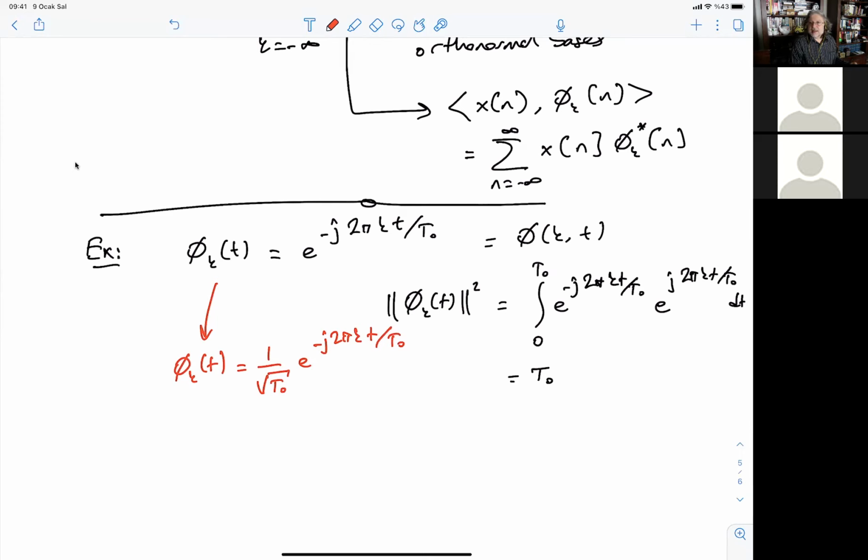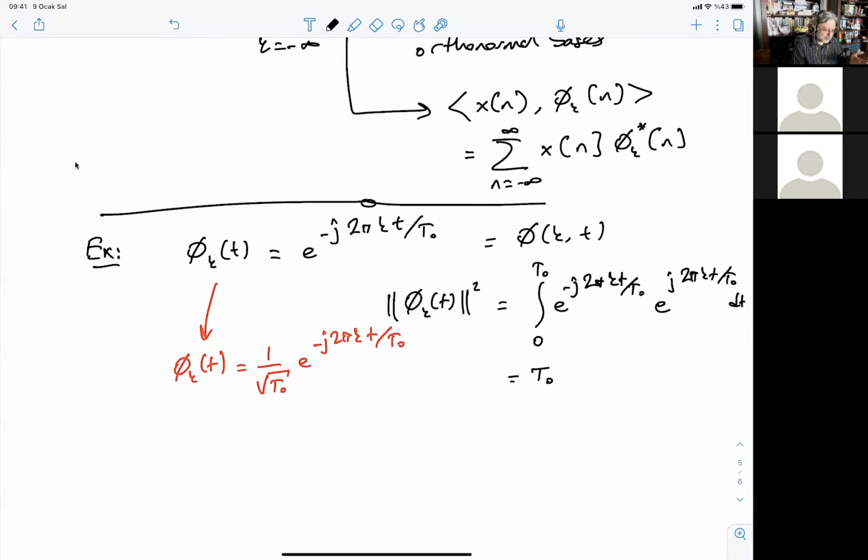But we're not going to do that. We're still going to use the black one because of historic reasons, because it will correspond to the Fourier series. And in the Fourier series, we don't really make it unit norm, essentially. It is orthogonal, by the way, but it's not unit norm. So in the inverse transformation, we will compensate for the non-unit norm case by multiplying with 1 over T0.